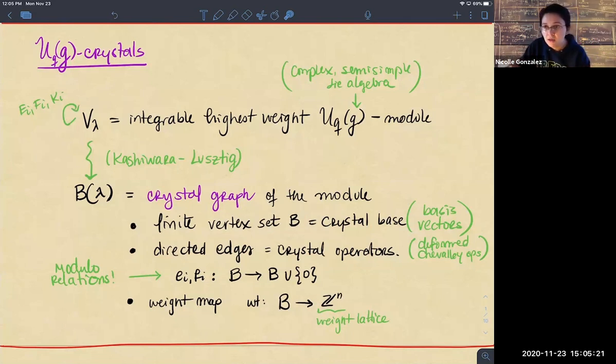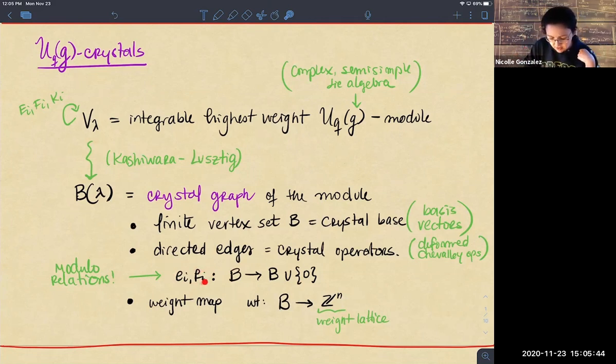That's just a fancy word, but really they're just directed edges that go from one vertex to the other. We're going to denote them by E_i's and F_i's. The E_i's and F_i's are inverses of each other, assuming you're in a defined domain. They take our vertices, and sometimes they're going to give us 0, and that's okay.